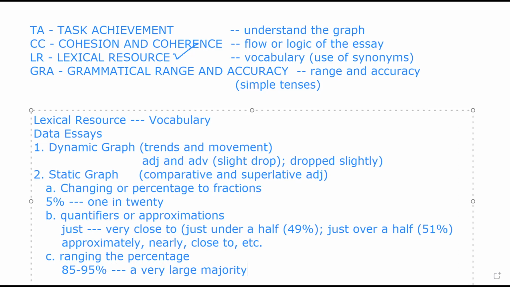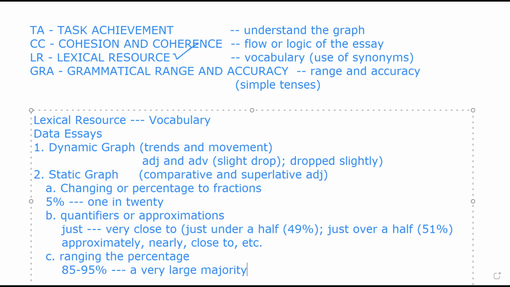We have to tell our students that if the numbers are very close to each other, like 85, 90, 95%, we can say a very large majority of students enroll in this class.